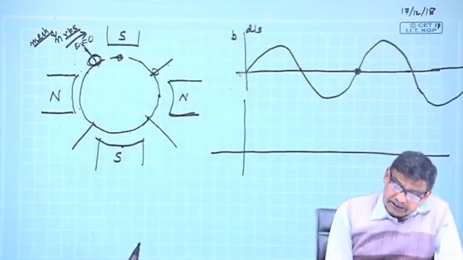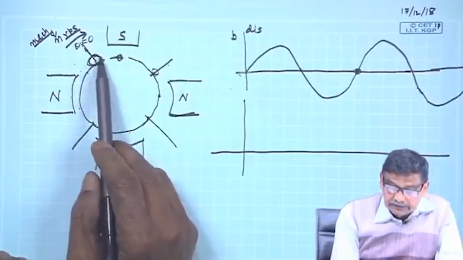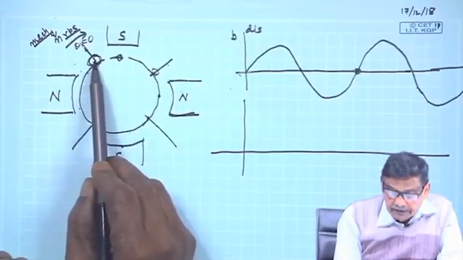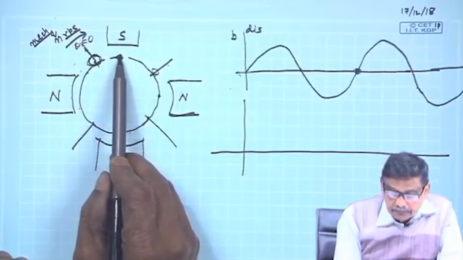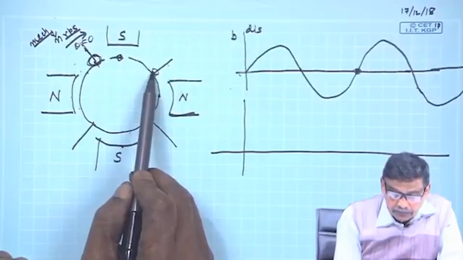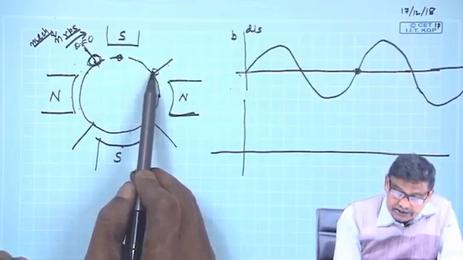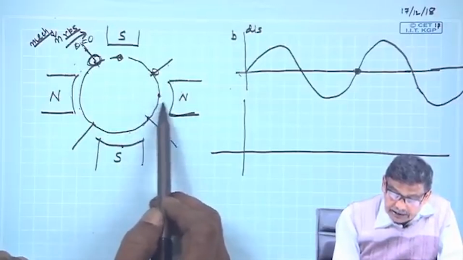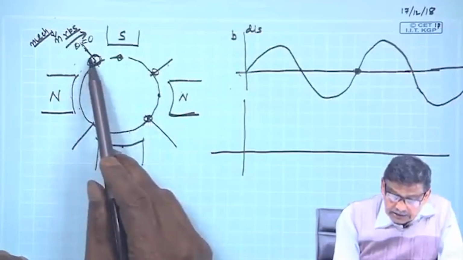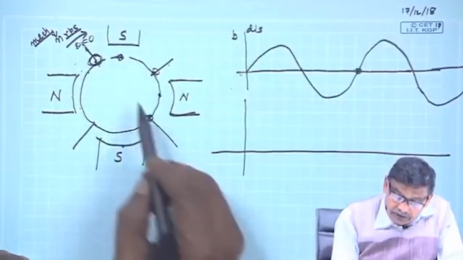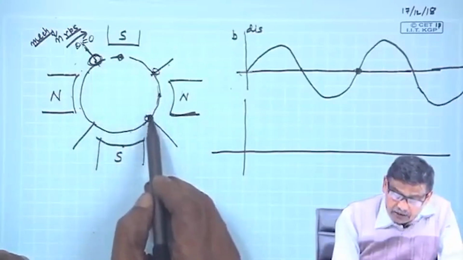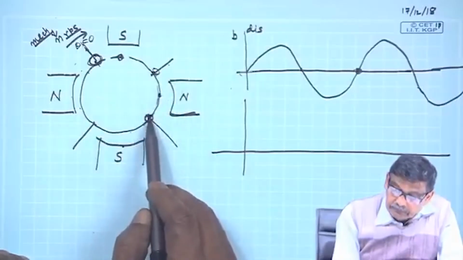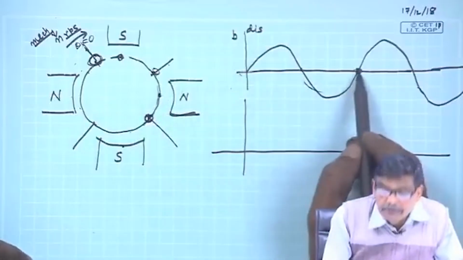Now, you see, when the conductor moves a pair of poles, that is, it starts from here, reaches maximum, reaches 0 in one polarity of the voltage, then it reaches maximum and reaches 0 in the negative cycle. That is, the conductor has crossed only a mechanical angle of 180 degrees and a complete cycle of EMF is available.